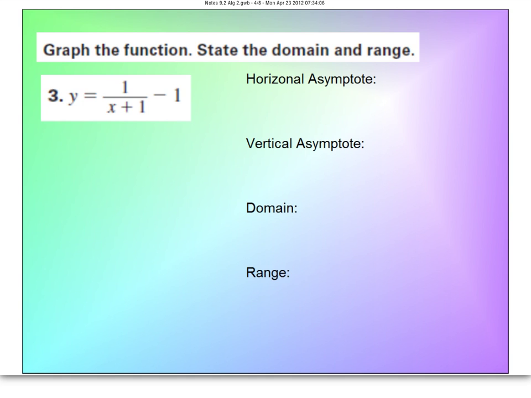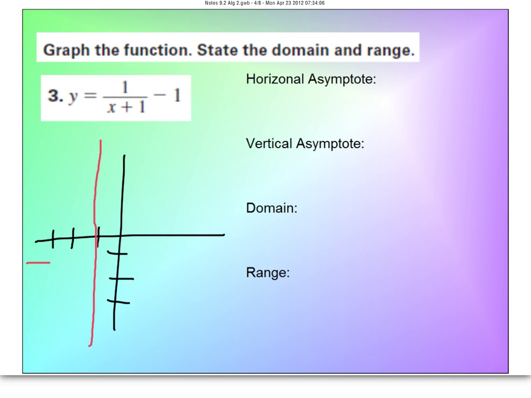Now this one here, let me give you a quick sketch of what it looks like. These are our tick marks. I'm actually sketching these asymptotes. What you see sketched in the green is what the graph looks like.